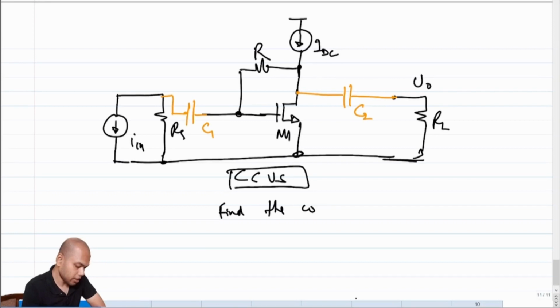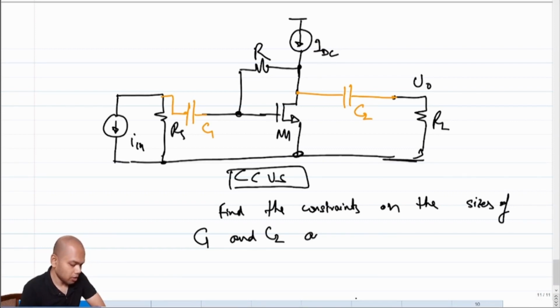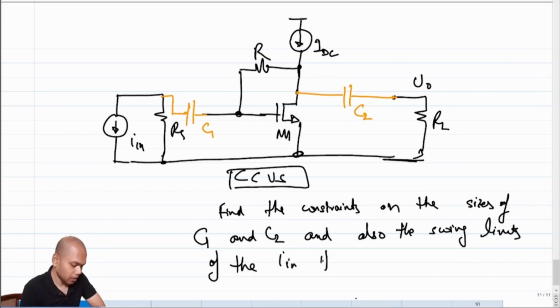What I would request you to do is find the constraints on the sizes of C1 and C2, and also the swing limits of I in, if I in is equal to IP sine omega naught.